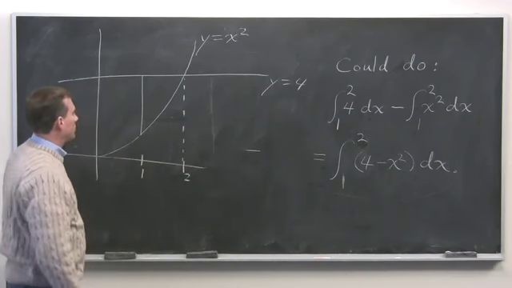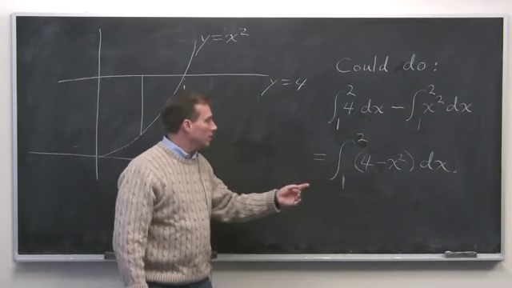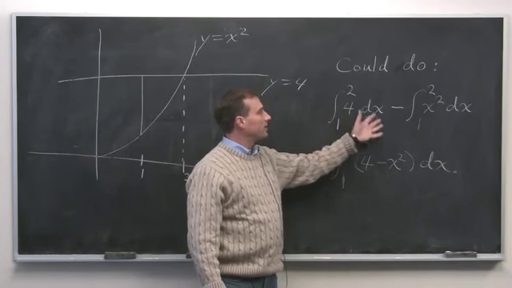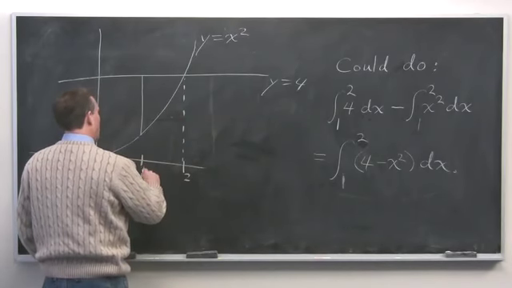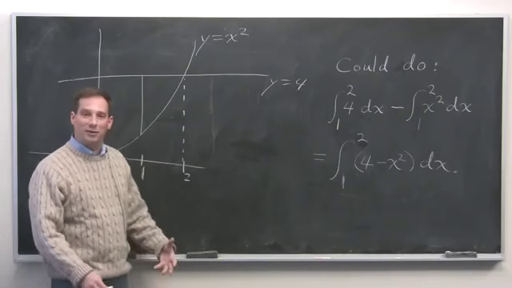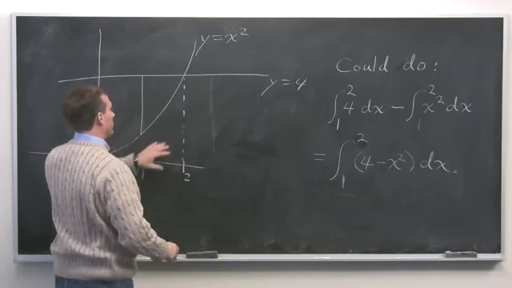First, let me go over the psychological reason why you'd prefer to integrate the difference of these two functions instead of finding the difference of the integrals. Philosophically, there's no reason you should worry about what's down here at all.